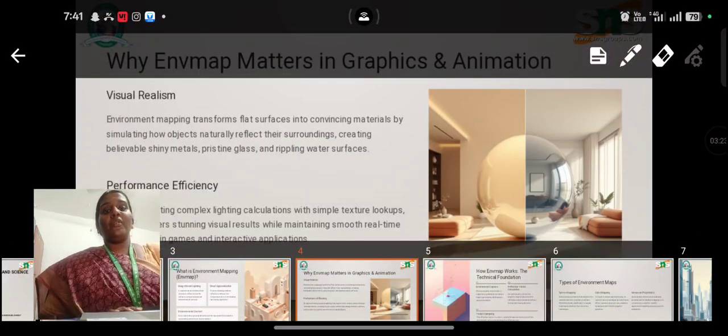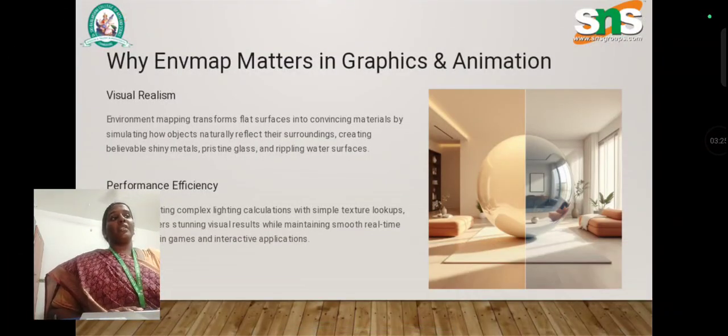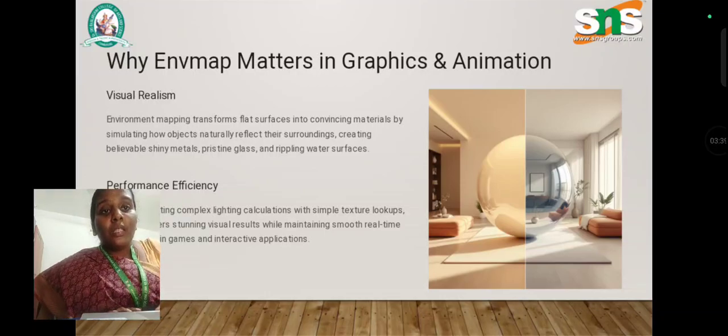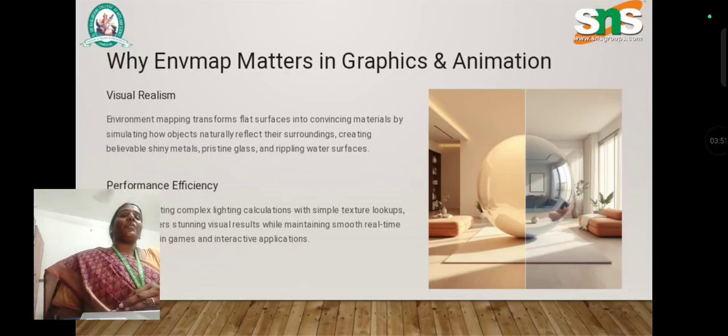It explains visual realism. Visual realism is an artificial thing we are creating in a graphics method. Environment mapping transforms that into convincing material by simulating how objects naturally reflect their surroundings, creating believable shining materials, glass, and rippling water surfaces.